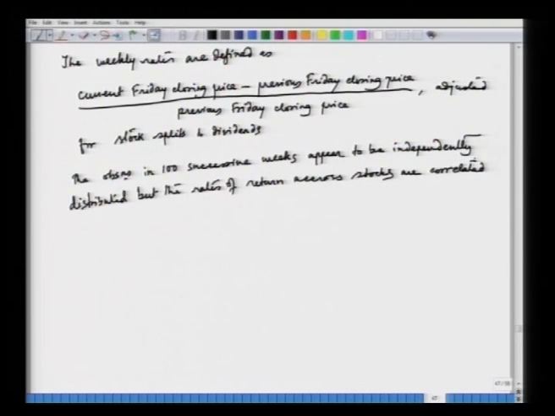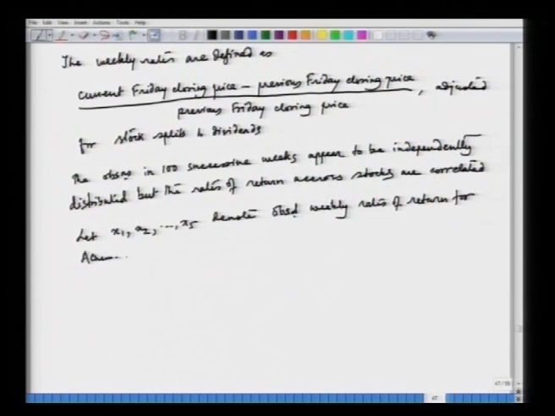Okay. So, then let x1, x2 to x5 denote observed weekly rates of return for the 5 stocks, that is Allied Chemicals, DuPont, etc., up to Texaco respectively.